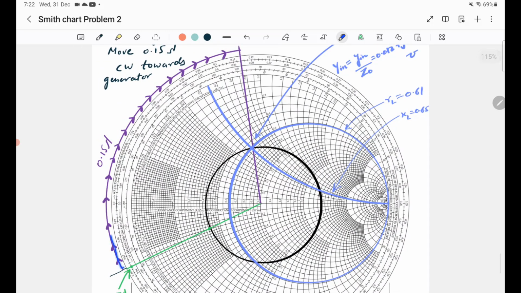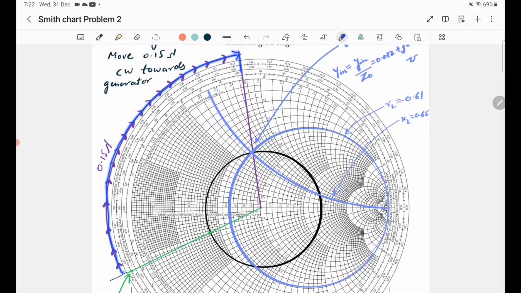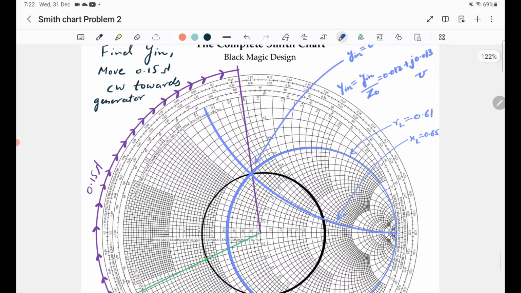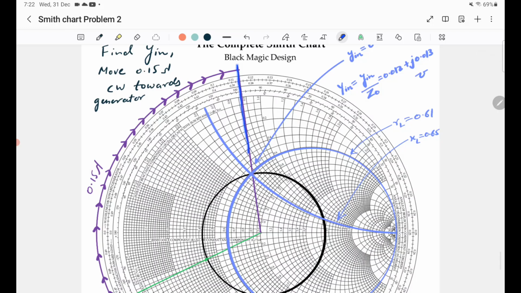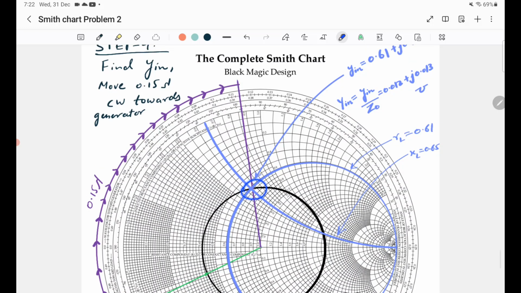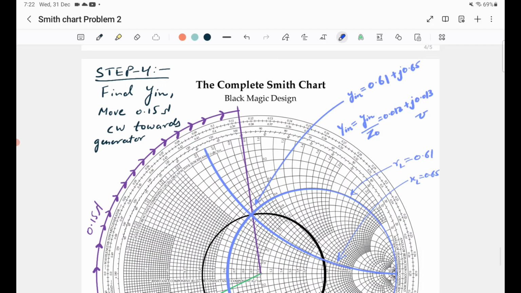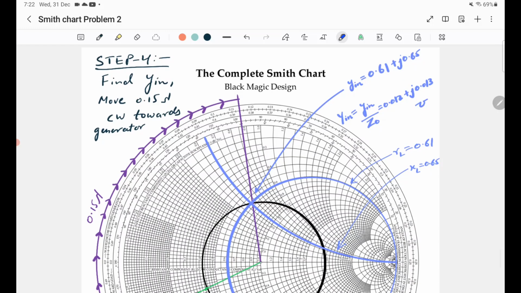If you move 0.15 lambda clockwise, you will reach this point. From this point, if you draw a line joining the center of the Smith chart, it will cut the VSWR circle at some point, and that point gives you the value of the normalized input admittance YIN, which is 0.61 plus j0.65 mho.